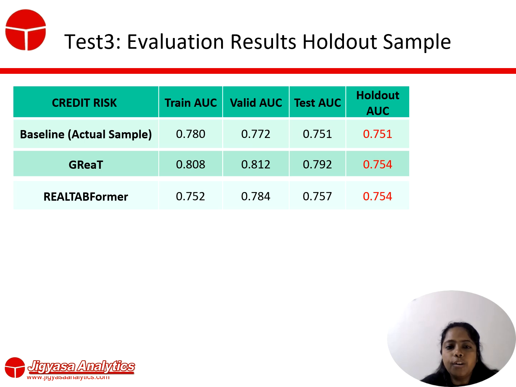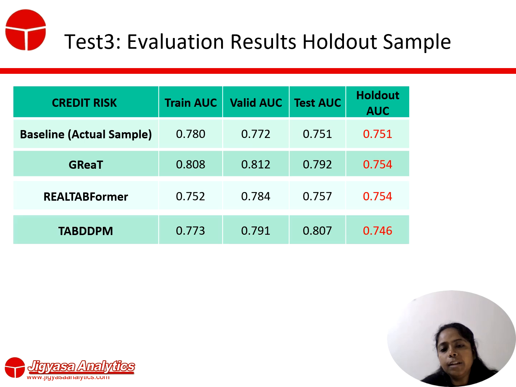When this model was scored on holdout sample, we got the AUC of 0.754. The last row of the table shows the AUC from the model built using TabDDPM synthetic sample. When this model was scored on holdout sample, we got the AUC of 0.746.